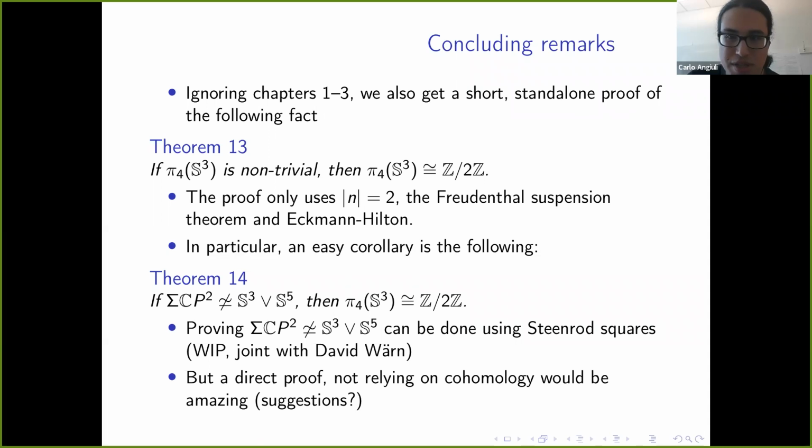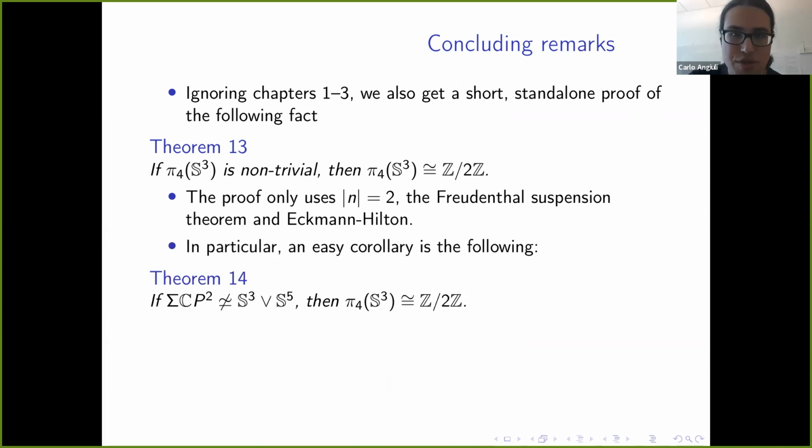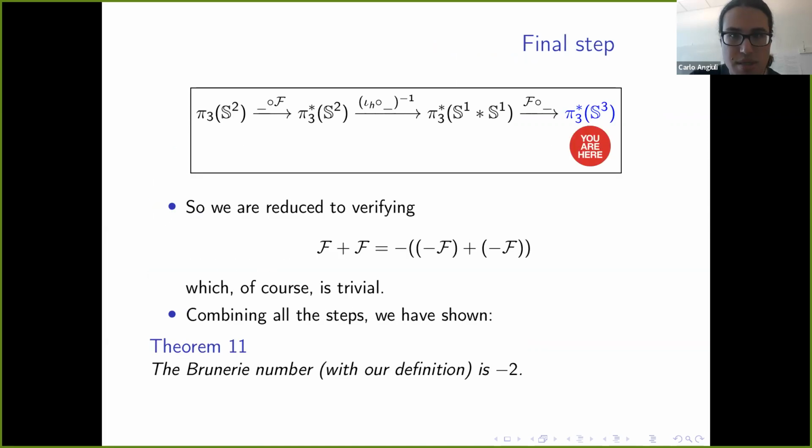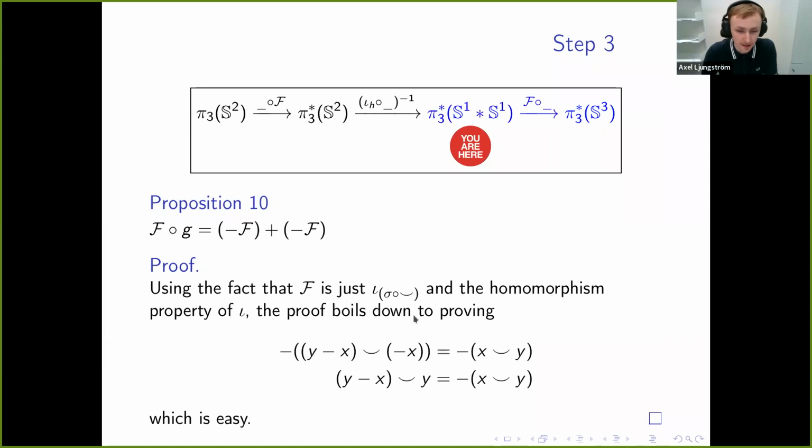There's a question in the chat saying plus was just addition, right? Like addition of natural numbers? I'm not sure which plus here. I use plus a lot, so maybe that was it. Sorry about this.